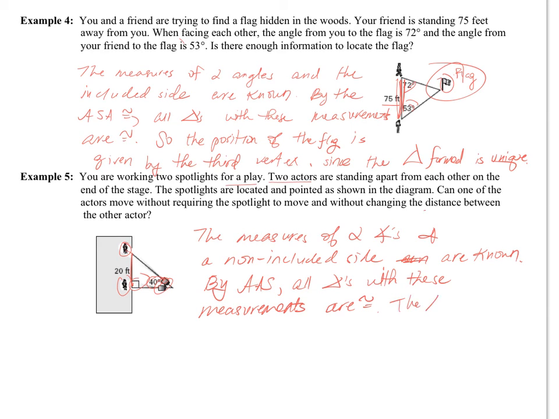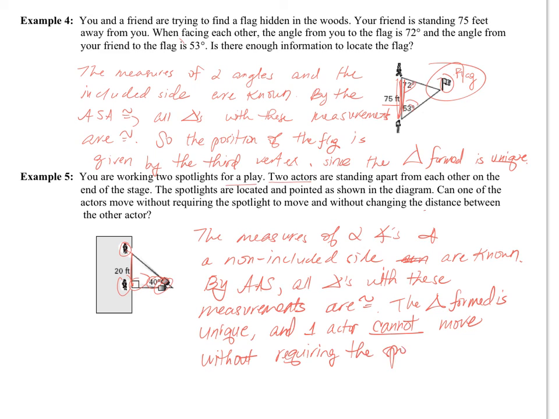So this triangle formed is unique, and one actor cannot move without requiring the spotlight to move and without changing the distance between the other actor.